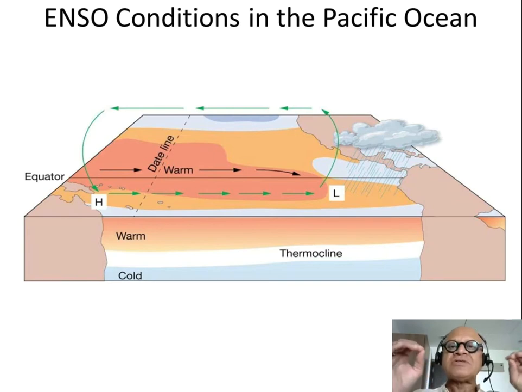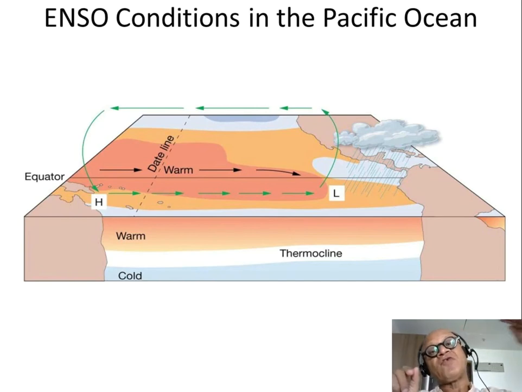For whatever reason, let's say trade winds got weaker, that would make the upwelling weaker, that would make the sea surface temperatures anomalously warmer, that would reduce the pressure in the east, anomalously strong, higher pressure, that would reduce the east-west pressure gradient, that would reduce the winds further, which would reduce the upwelling further, which would make the sea surface temperatures warmer further, reduce the pressure further and pressure gradient and so on. So you are in this loop, and the loop can start anywhere.